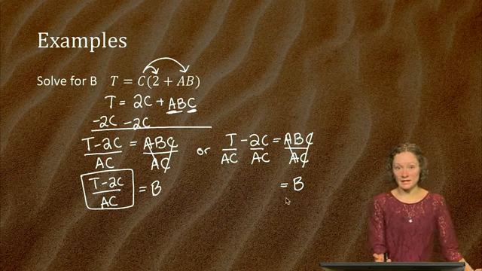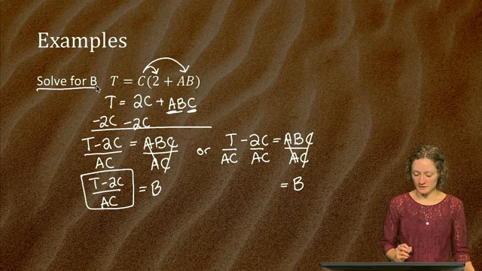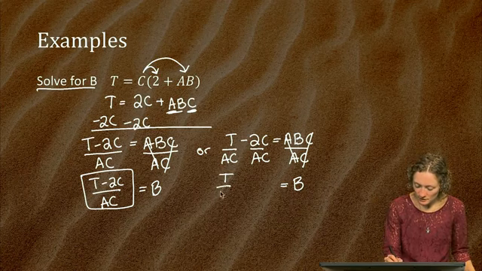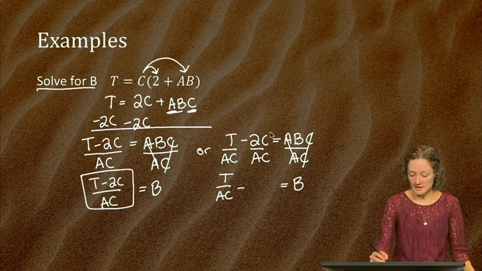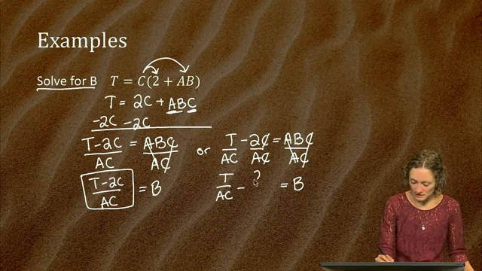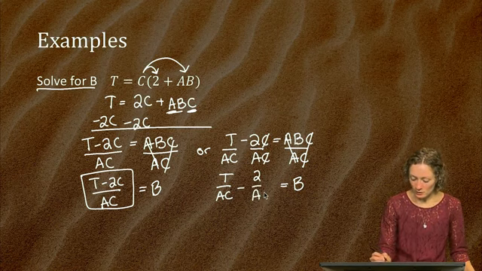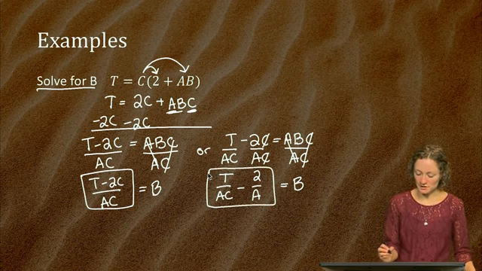Our ultimate goal is to get down to b equals something, if we're solving for b. But then this time on the left, we have t over ac, and 2c over ac, well, we can divide out a c from top and bottom, leaving us with 2 over a. This would be another way to view this solution.